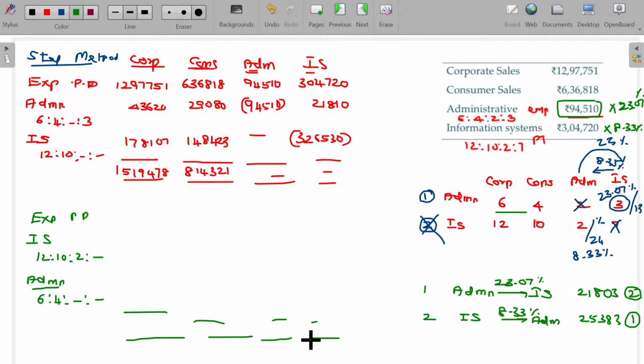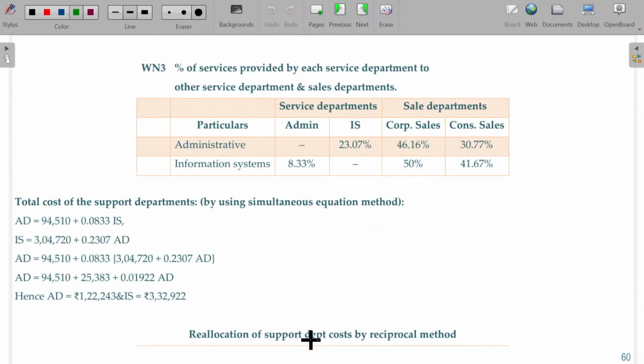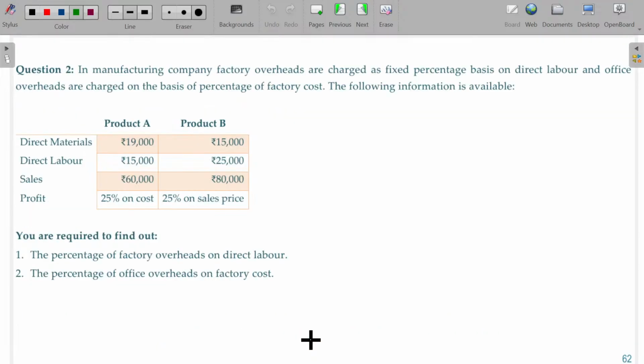Now let's move on to the next illustration. So second question, also typical illustration.